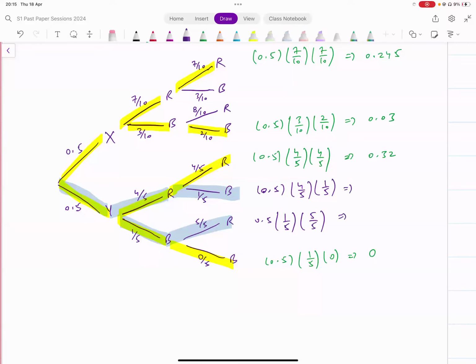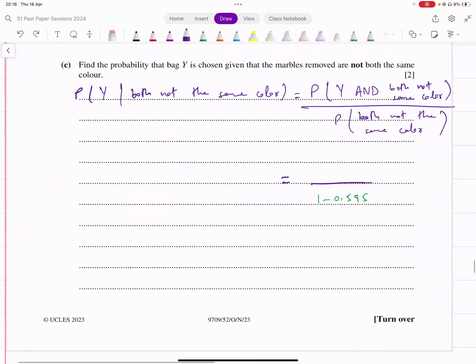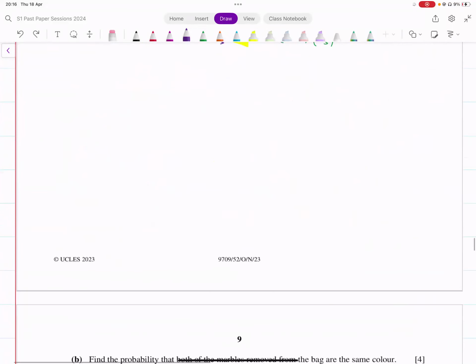These are the 2 cases where both of those things are happening together, that you are choosing Y and both are not the same color. 0.5 into 0.8 into 0.2, that's giving me 0.08. 0.5 into 0.2 into 1, that is 0.1. These 2 cases together are going to be in the numerator here. So in the numerator, we have 0.08 plus 0.1, right? That's the case that we get here.